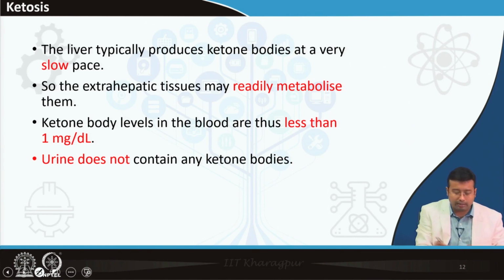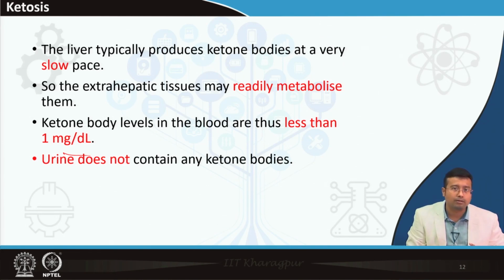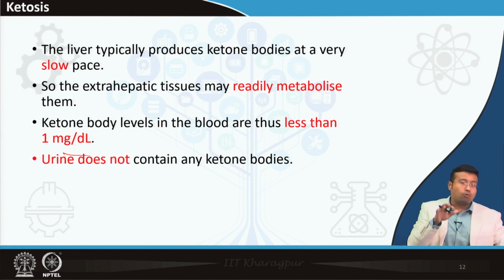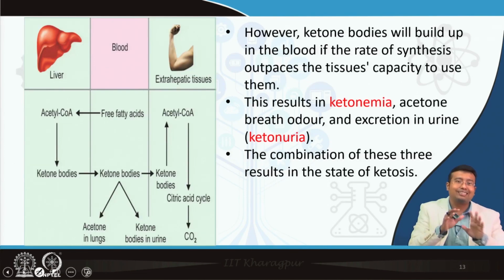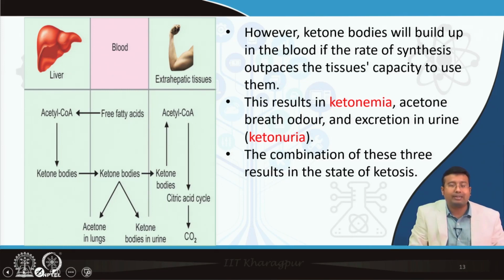It is less than 1 milligram per deciliter, and there is almost negligible or no excretion of ketone bodies in urine, right. But when this process is messed up, whenever there is excess production relative to utilization, then only the amount of ketone body will grow up.